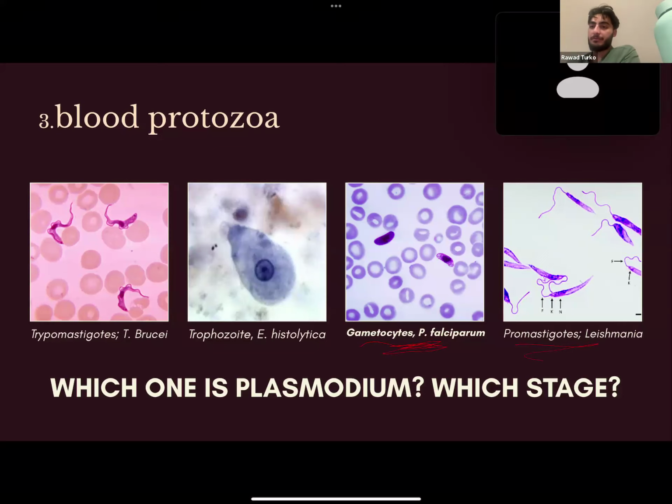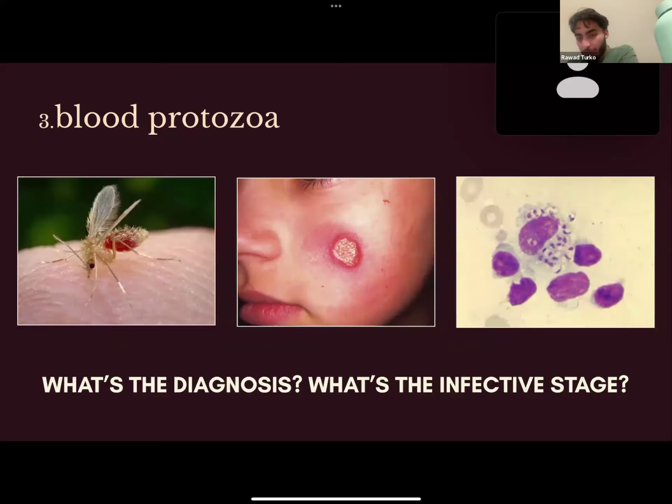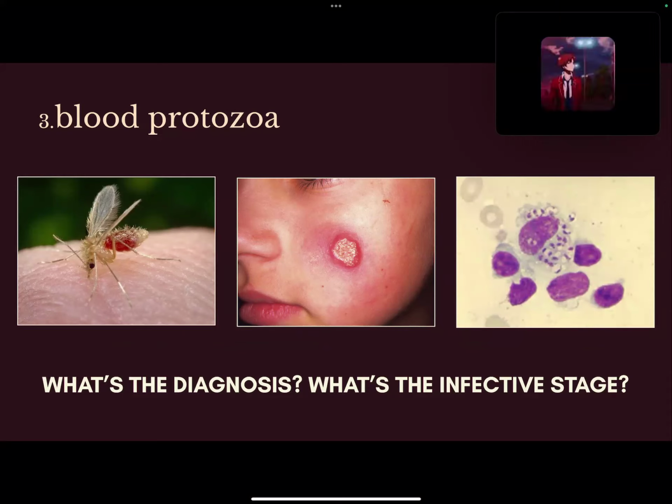Perfect. Okay. Who can tell me what the diagnosis is for these three pictures? Leishmania. What type? This is cutaneous. Cutaneous Leishmania. Perfect. And somebody else, who can tell me what the infective stage of Leishmania is?